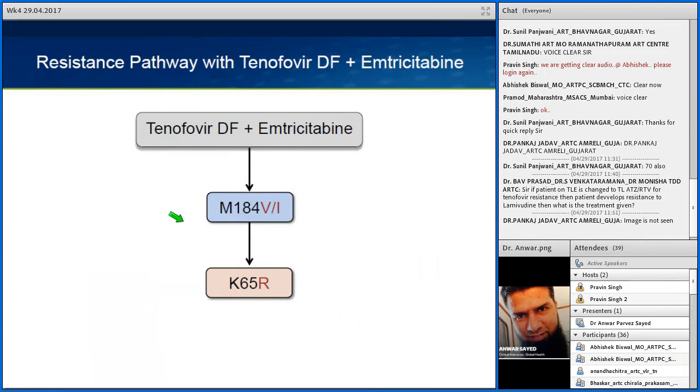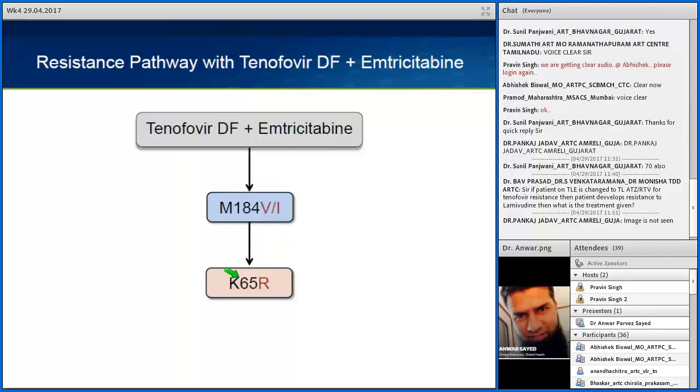Similarly, I told you to remember one mutation for a particular drug, that is for Tenofovir. Please remember K65R. So for this combination, Tenofovir Emtricitabine, the patient will first develop M184V, that is for Emtricitabine, which is very similar to Lamivudine.